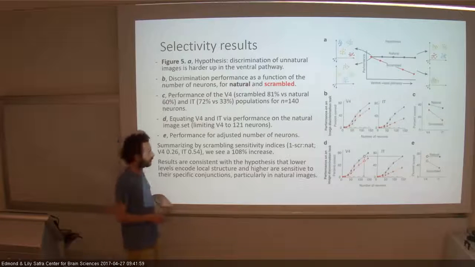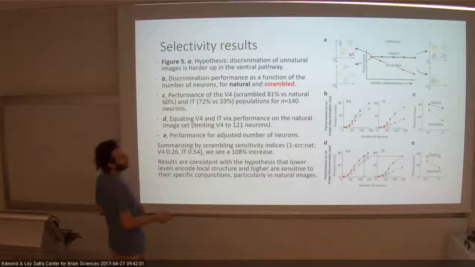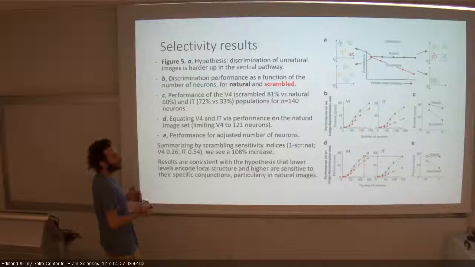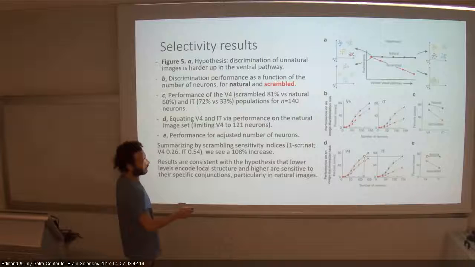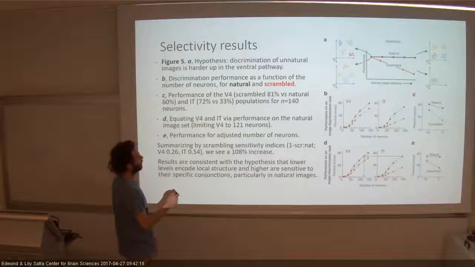So going through the results, we'll see that no matter what size of population of neurons we take, up to all of those that they recorded from, we get higher discrimination performance for the natural images than the scrambled ones, both in V4 and IT.